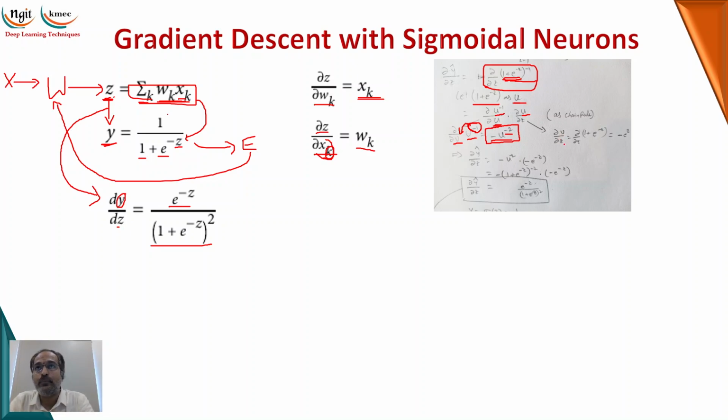And now we have to calculate ∂u/∂z, that is ∂/∂z of 1 plus e^(-z). We are substituting whatever we have taken.